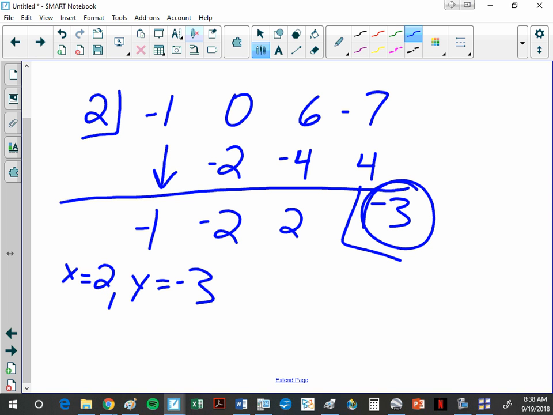But remember, synthetic division only works if the number in the box is an integer. If it's a fraction or a decimal or a square root or an irrational number, synthetic division does not work. Okay? Do you want to see how to divide again and how to write the answer? Want to see one more of those?